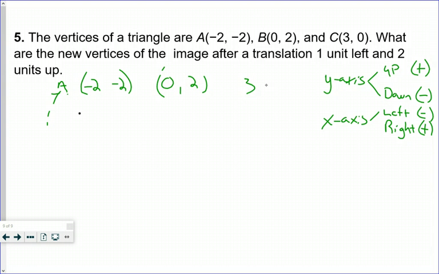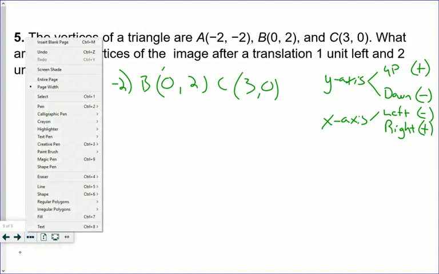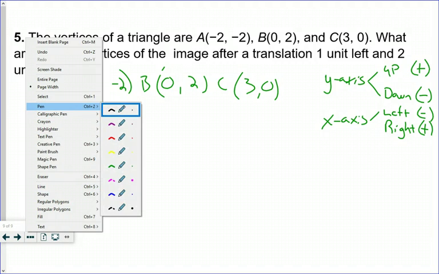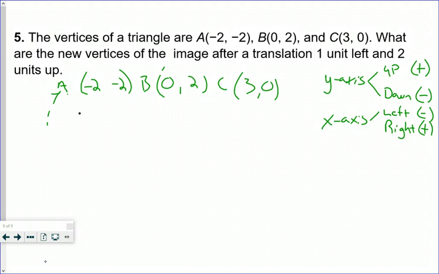And then we have 3, 0. And this is going to be our B, and this is our C. Right? So like we did before, I'm going to indicate which one is going to be our x value. So first coordinate's x. That's always listed. And our second one is going to be y.